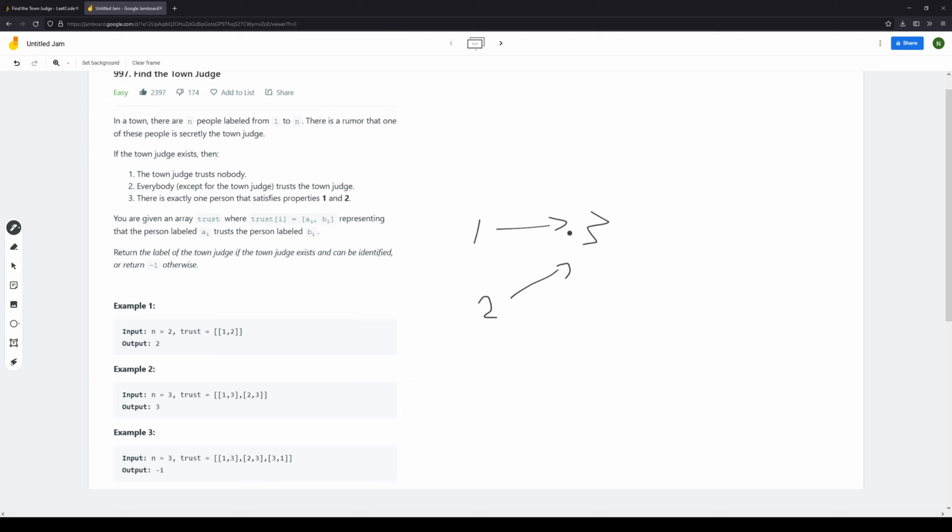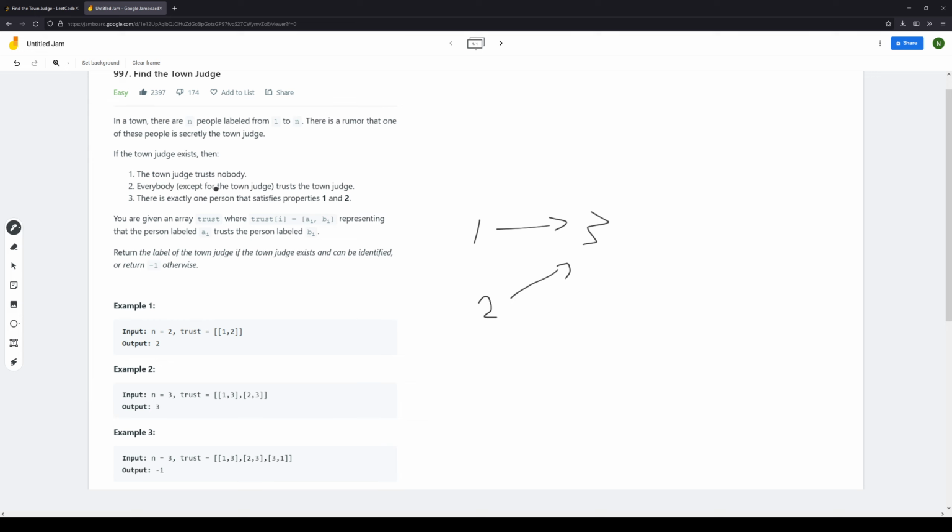Because the in degree of node 3 is 2, but the out degree of node 3 is 0. So in degree would be for the second condition: everybody trusts the town judge, which means everyone has an edge going towards the judge. So if you have n persons, then that would be n minus 1 edges going towards the judge, because you don't count the judge himself.